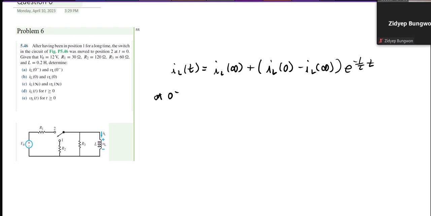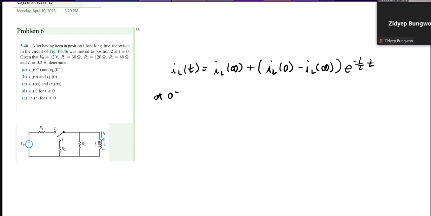We would look at before the switch, always. You look, because that's the only way to find IL of 0. Because if you just look at it after the switch, you're going to make assumptions that aren't true, because it has to be the same as it was before the switch.